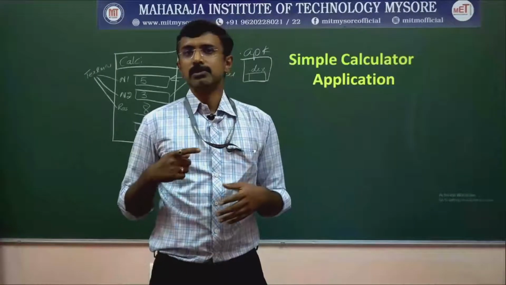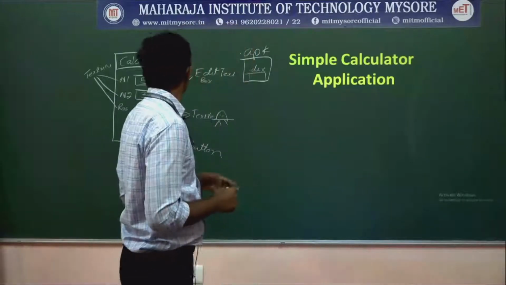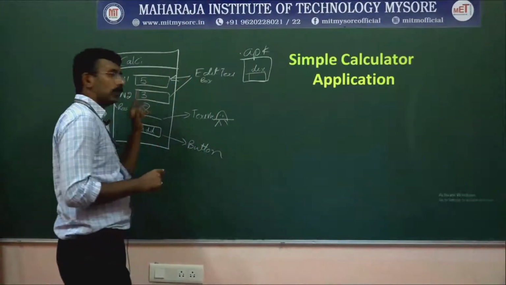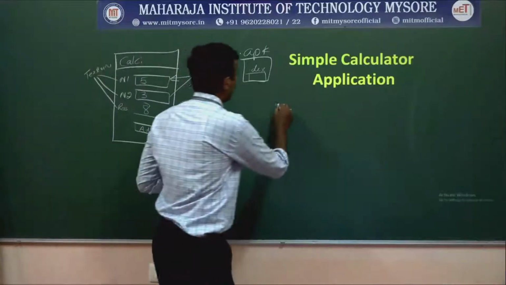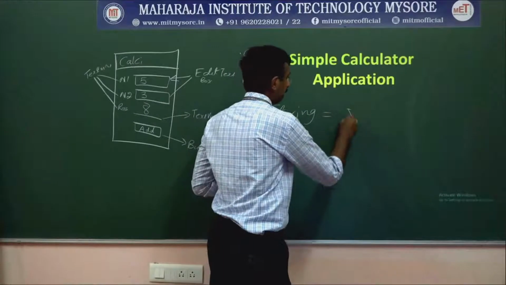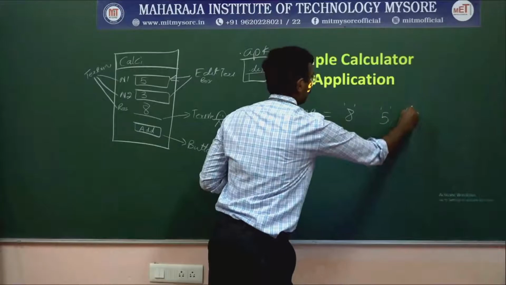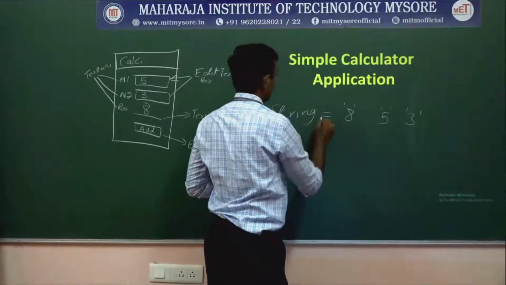Do remember, one important hint which I want to give for this application is, whenever you give the input, it will always be in the form of a string. You give 8 or 5 or 3, always it will be in the form of a string.